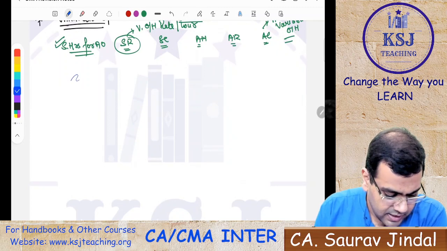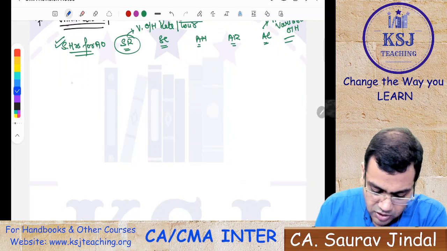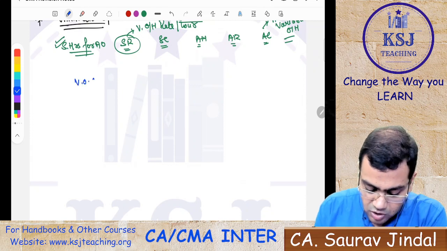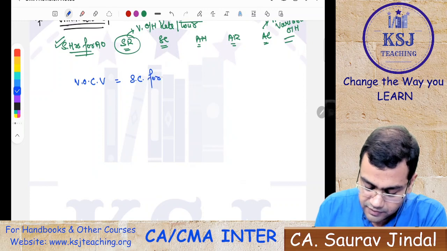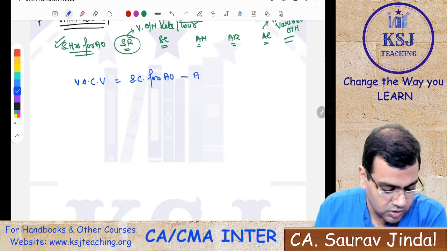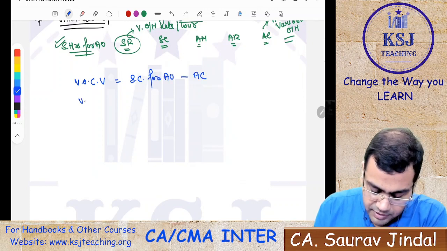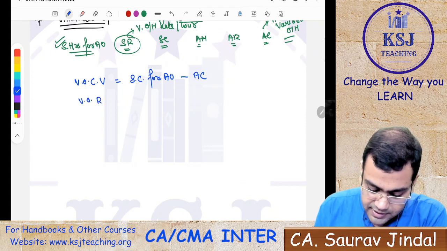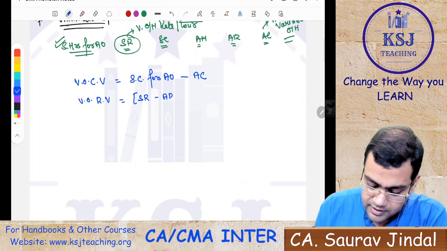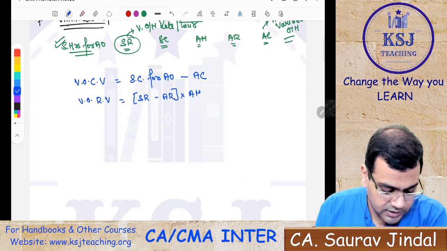Very simple, sir. The variances are: variable overhead cost variance, that is standard cost for actual output minus actual cost. After that, variable overhead rate variance, that is standard rate minus actual rate multiplied by actual hours.